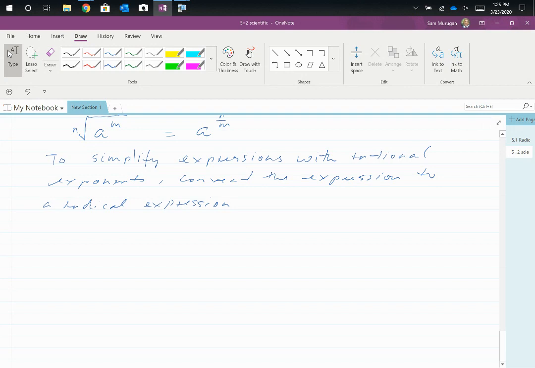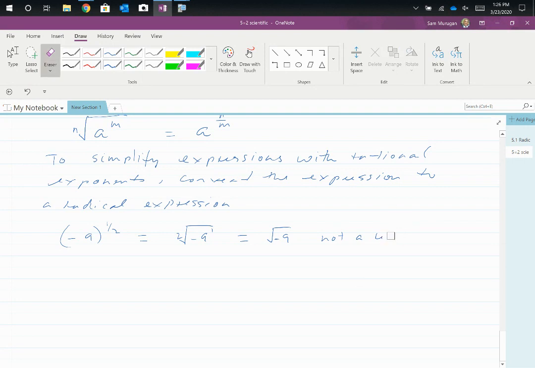So let's look at a couple of examples here. I've got -9 to the power half. So this is the square root of -9 to the power 1, which is the square root of -9, which is not a real number.